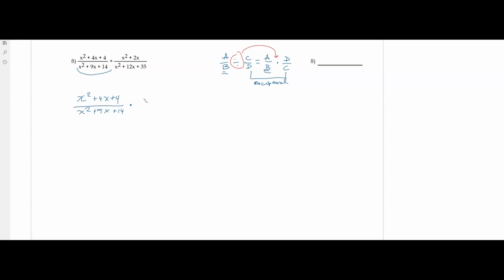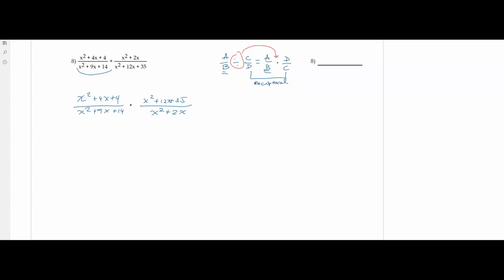That would be x squared plus 12x plus 35 on top, and x squared plus 2x at the bottom. Okay, so now I've changed this into a multiplication.